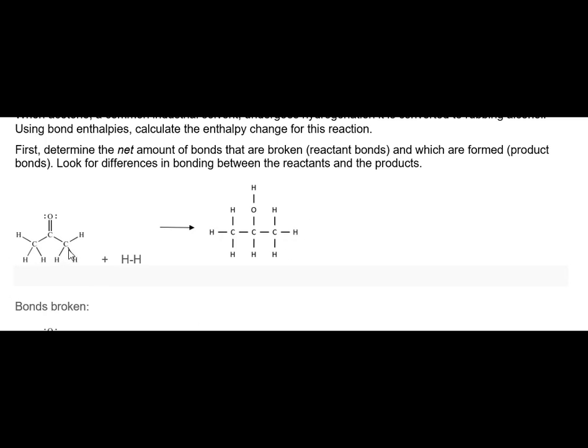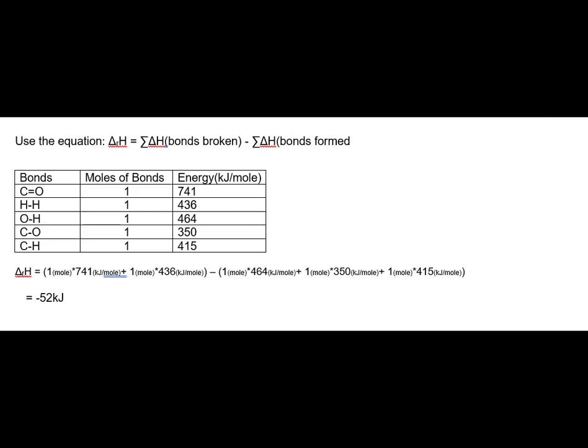And within each of the moles, there's 1 mole of C double bond O, 1 mole of HH, 1 mole of CH, 1 mole of CO, and 1 mole of OH. So we have that considered in this table, 1 mole of each of these bonds. The bond energies are always positive because this is the amount of energy needed to break this bond.